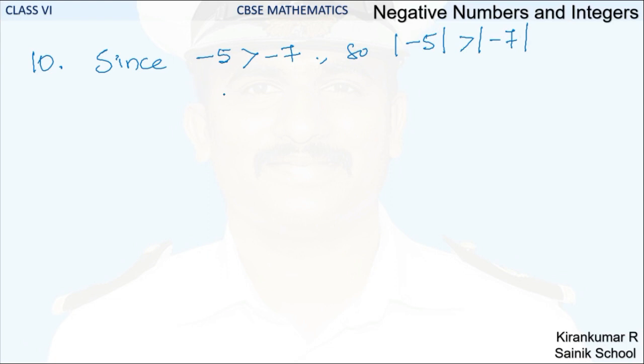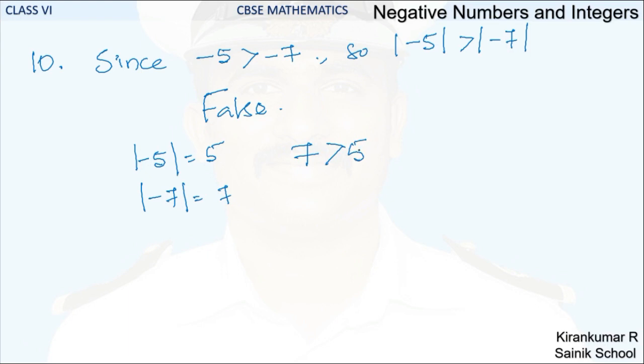Is this statement a true statement? It's a false statement. The reason is the absolute value of minus 5 is positive 5. The absolute value of negative 7 is positive 7. Very clearly 7 is larger than 5. It will not be smaller than 5. Therefore, this statement is a false statement.